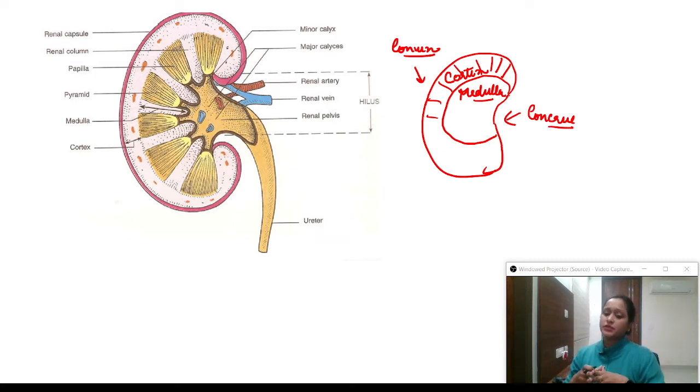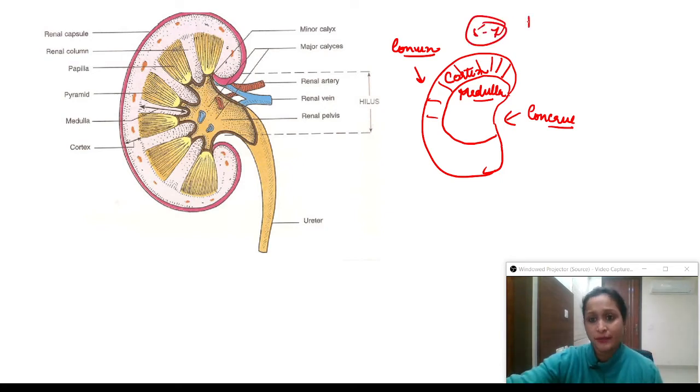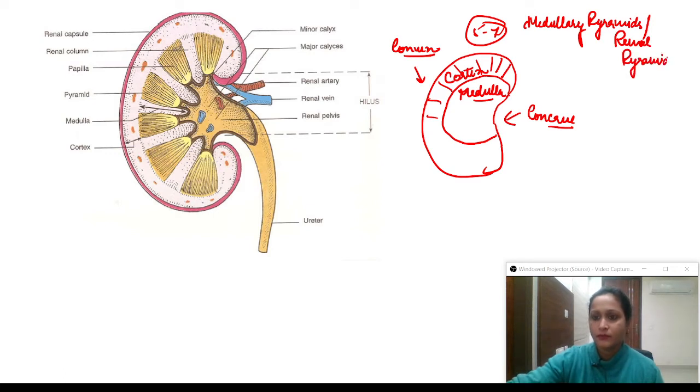In the medulla region, you will find around 5 to 7 medullary pyramids. These pyramids are also known as renal pyramids. So let's see this also.